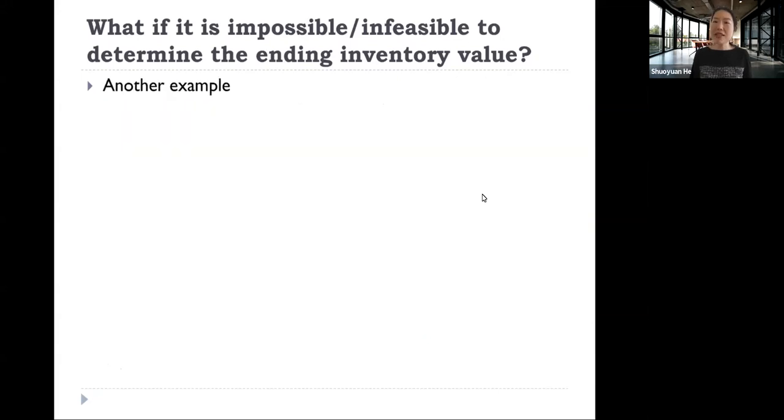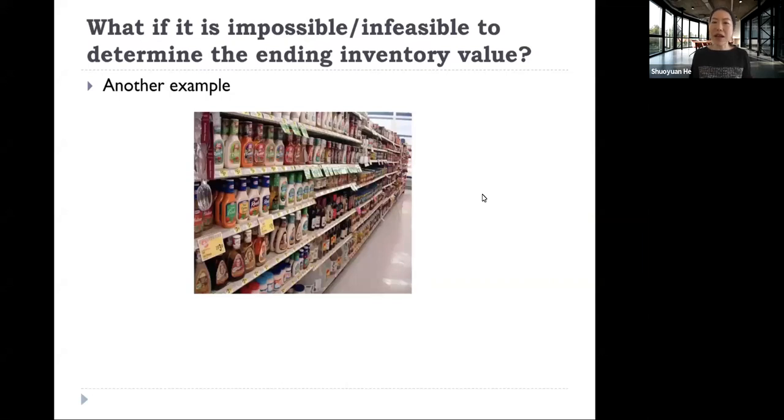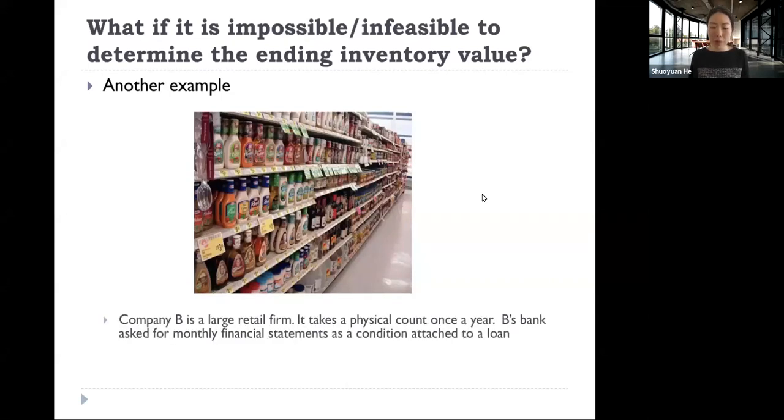Another example is some firms, like retail firms. For example, firm B is a large retail firm. It takes a physical count once a year because physical count is very costly for this kind of firm. However, firm B's bank asks for monthly financial statements as a condition attached to a loan.